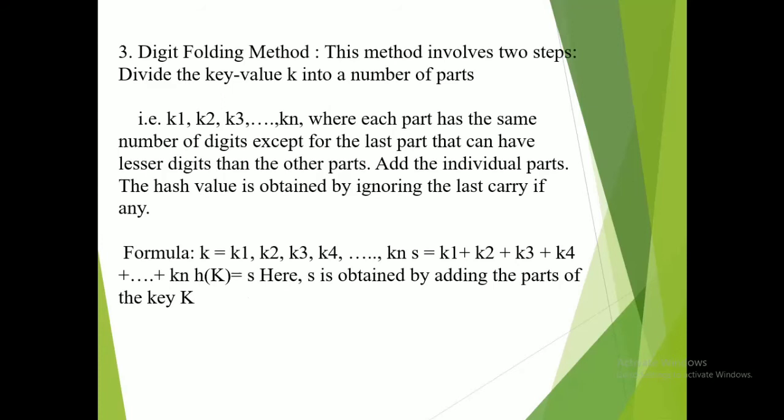Third, digit folding method. This method involves two steps. Divide the key value k into a number of parts, that is k1, k2, k3 and kn, where each part has the same number of digits except for the last part, which can have fewer digits than the other parts. Add the individual parts; the hash value is obtained by ignoring the last carry if any.